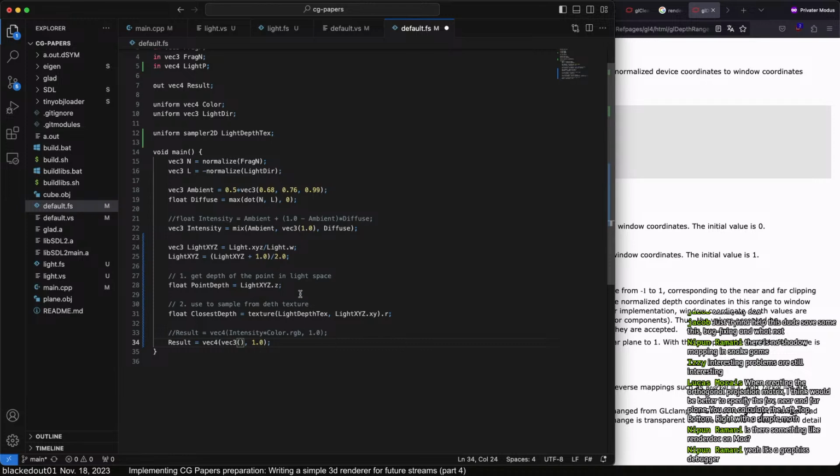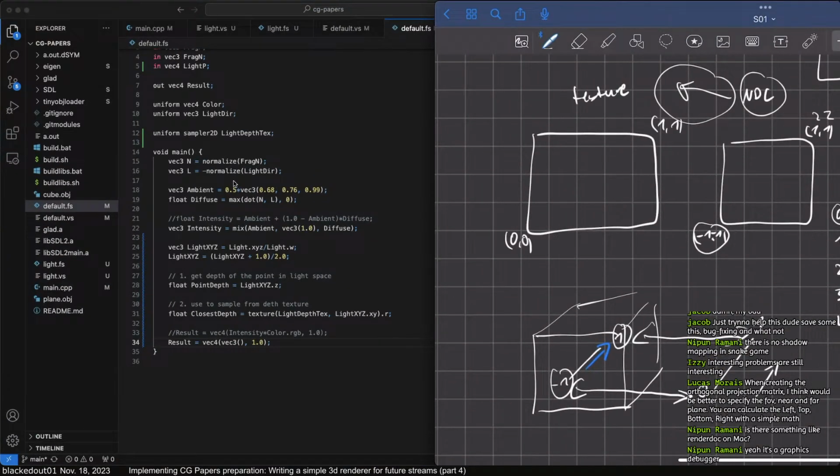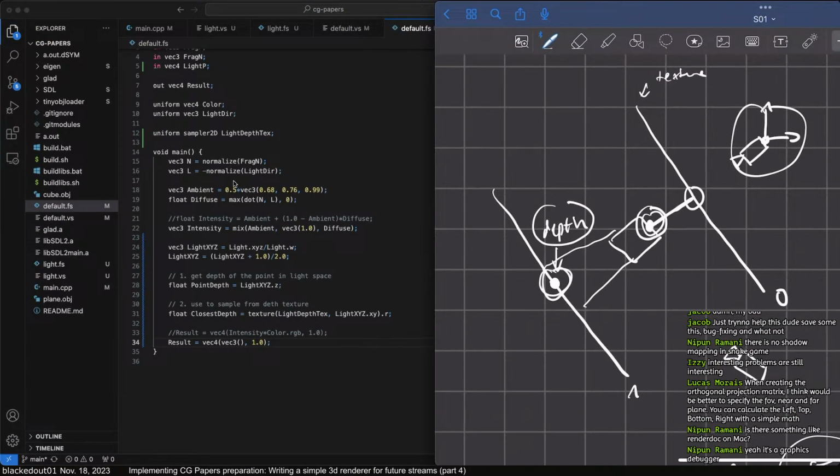So if we look at the diagram again, if our point has a greater depth value than the stored one, then we have shadow.